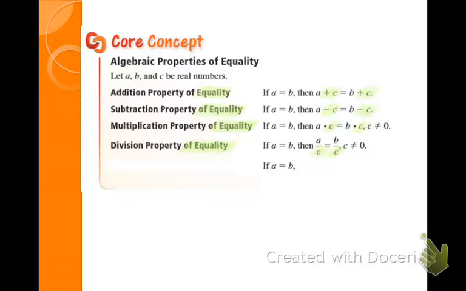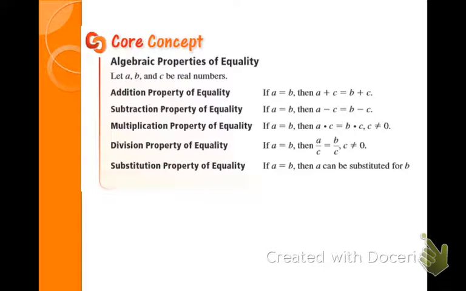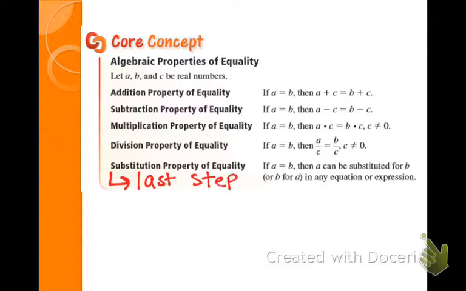All right, so the last one will be used on every single problem. The last one is called the substitution property of equality. So you want to note that this is the last step on every problem.